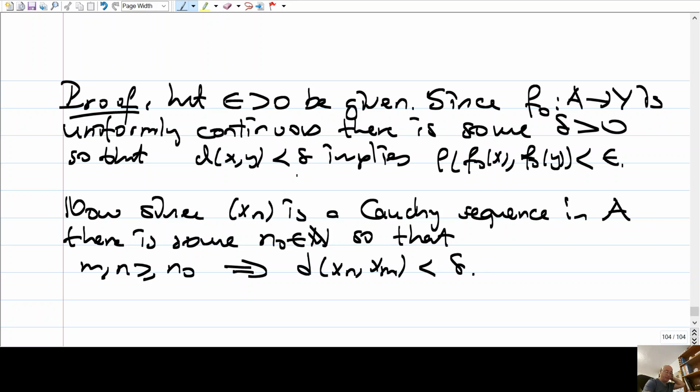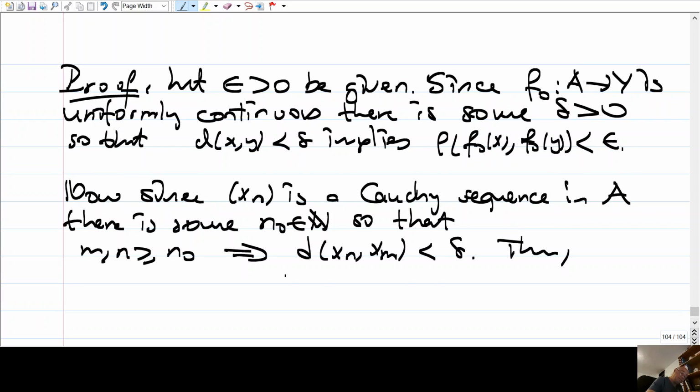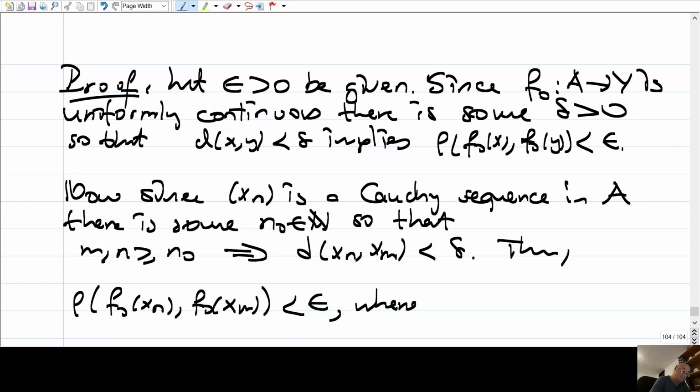I use this positive real number. Then, if the distance between xn and xm is less than delta, the distance between their values, f0 of xn and f0 of xm, is less than epsilon whenever m and n are larger than n0.